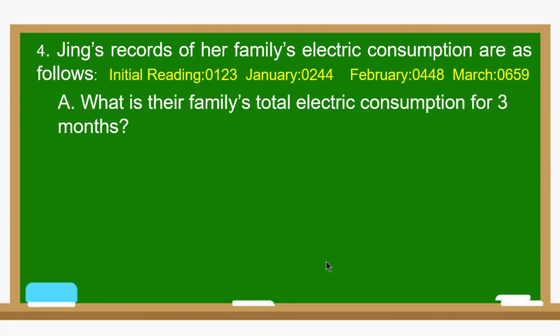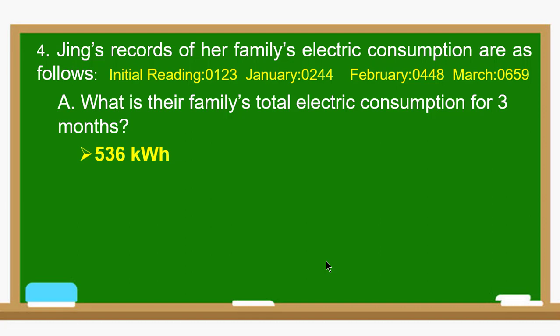Number 4. Jing's records of her family's electric consumption are as follows. Initial reading, 123. January, 244. February, 448. And March, 659. Letter A. What is their family's total electric consumption for 3 months?